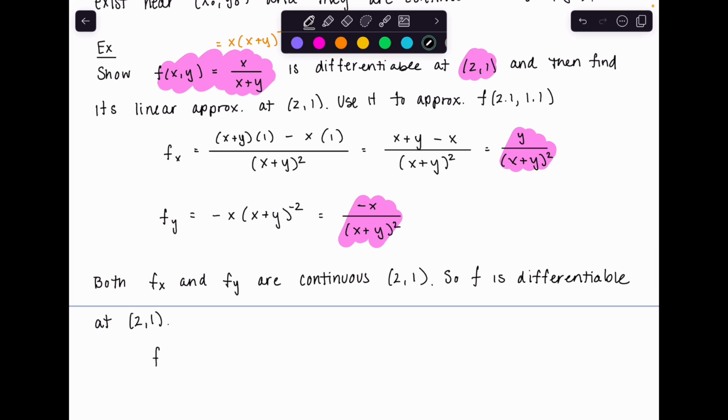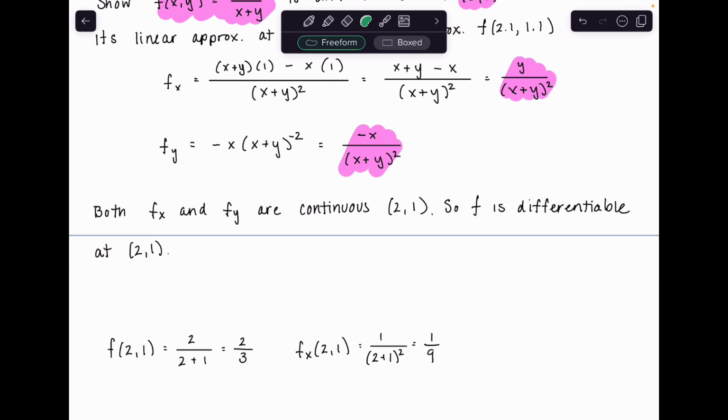So if we look at the function evaluated at (2, 1), x is 2, y is 1, so our z value at that point is 2/3. The partial with respect to x at (2, 1) is y over (x plus y) squared, so that's 3 in the bottom squared. This is 1/9.